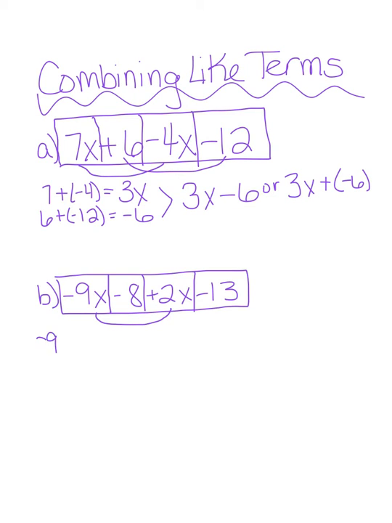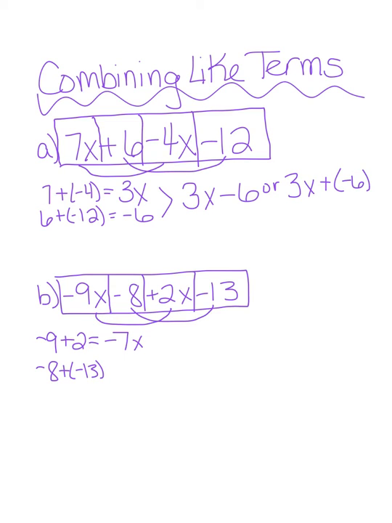So negative 9 plus 2. Well, I know that there are more negatives, so therefore the sum here is negative 7, and then my variable follows, so negative 7x. And now I'm going to combine my negative 8 and negative 13.